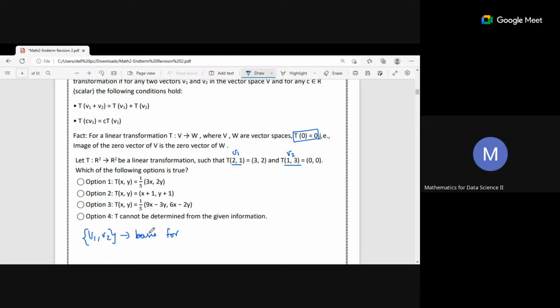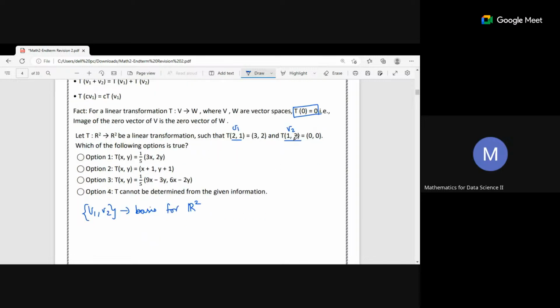If it is forming a basis for R2, then you know that you have the images of the basis. Now take any vector v, which is (x, y). How do you express it as a linear combination of v1 and v2? Here it is (2, 1) and here (1, 3).